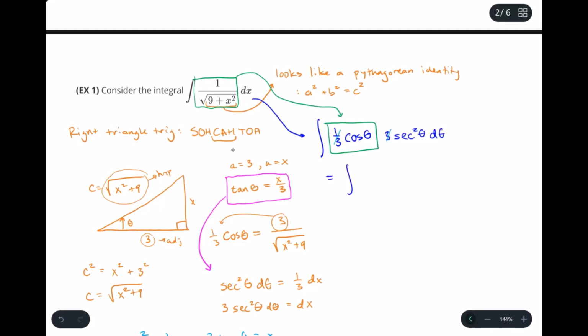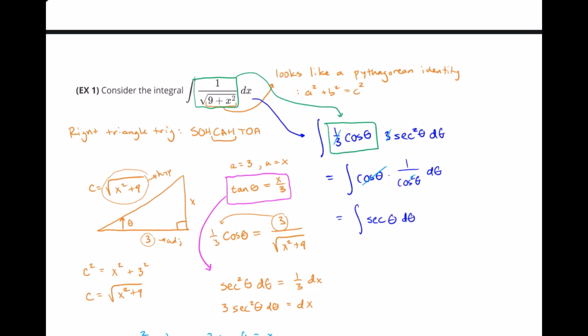But also, if I have cosine theta, and I recall that secant squared theta is 1 over cosine squared theta, I can cancel out one of these factors with this one, leaving me with effectively 1 over cosine, which is the same thing as secant theta d theta.